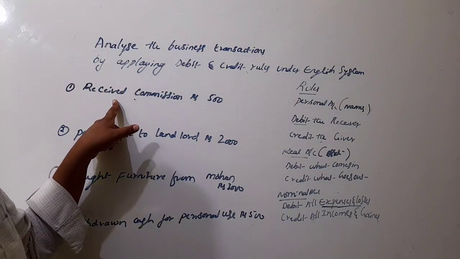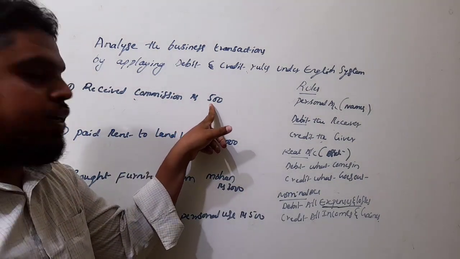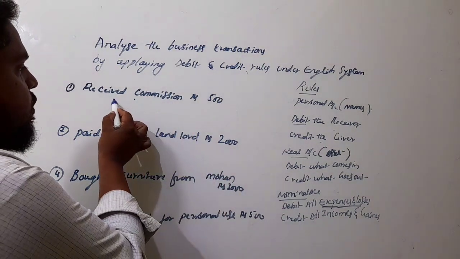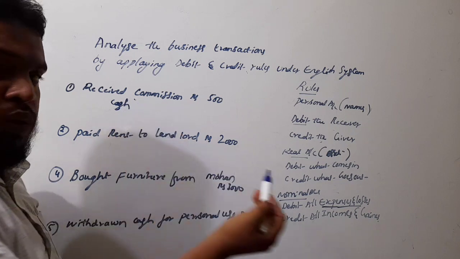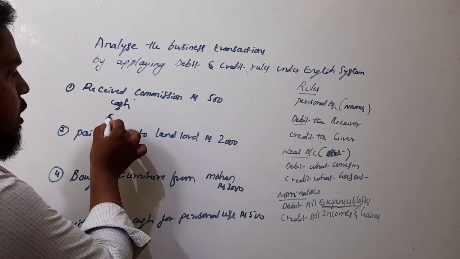Next, received a commission of rupees 500. In this transaction, two accounts are involved: cash and commission received. Received commission means we are receiving cash.